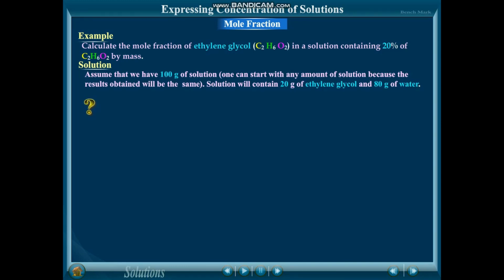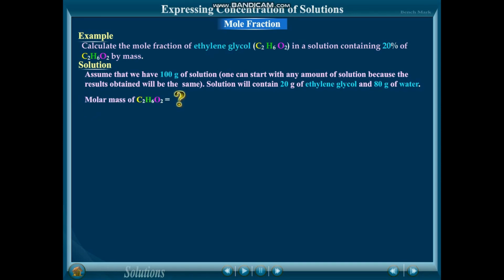One can start with any amount of solution because the results obtained will be the same. The solution will contain 20 grams of ethylene glycol and 80 grams of water, because 80 plus 20 together is 100.